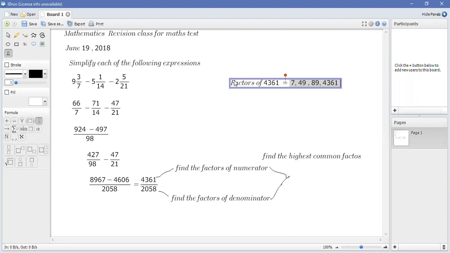Anybody else can give, what about the factors of 2,058? Reagan gave me the numerator. What about the denominator? 2. Okay, that is Judean.